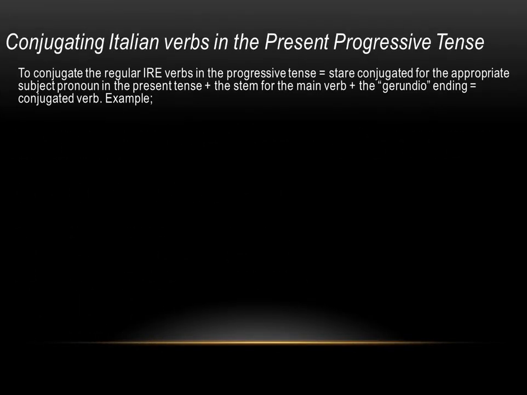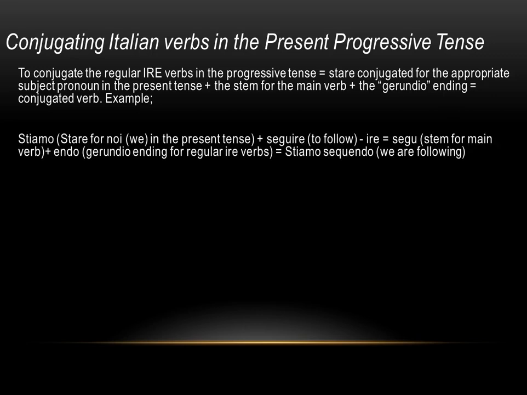And finally, to conjugate the regular ire verbs in a progressive tense, it's the exact same pattern. Very, very easy tense to work with. Once again, stare, conjugated for the appropriate subject pronoun in the present tense, plus the stem for the main verb, plus the gerundio ending equals the conjugated verb.